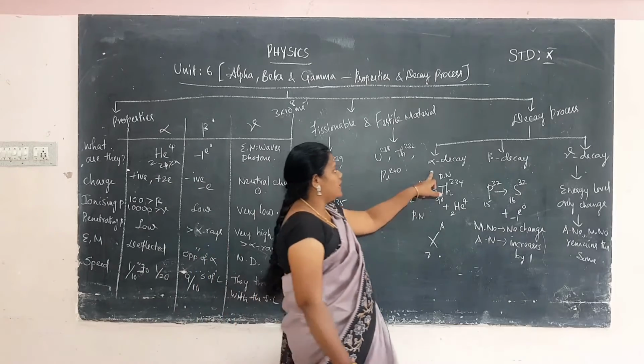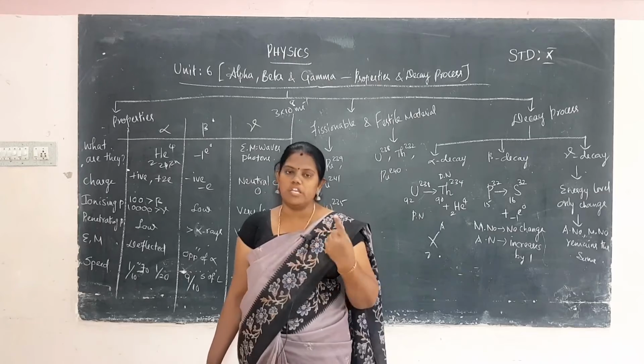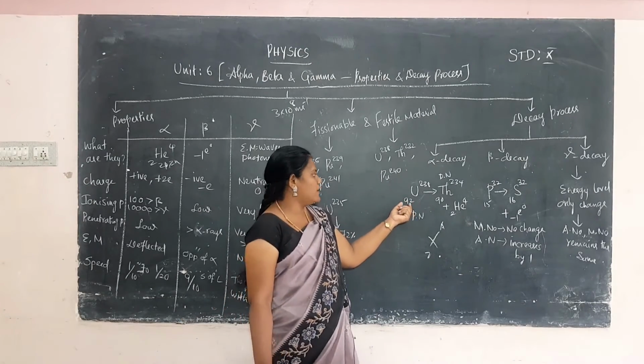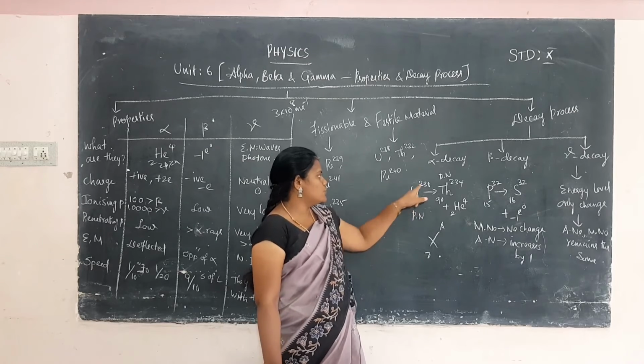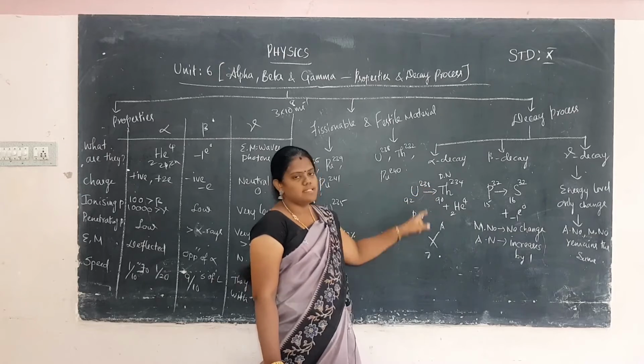First, I will explain alpha decay. Alpha decay means an alpha particle is emitted from the parent nucleus. So we have to consider one parent nucleus, that is uranium 92-238. 92 is the atomic number and 238 is the mass number.